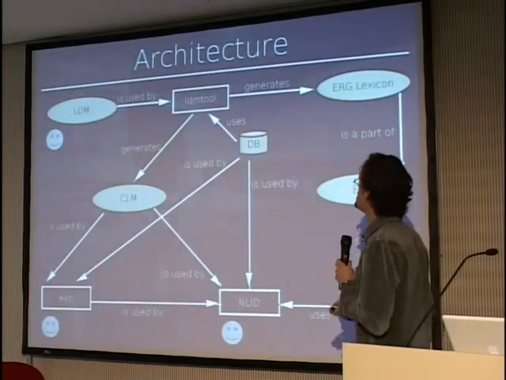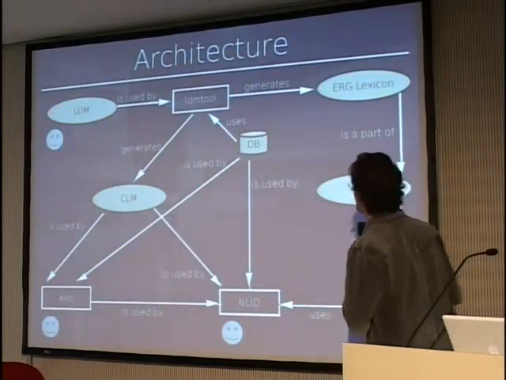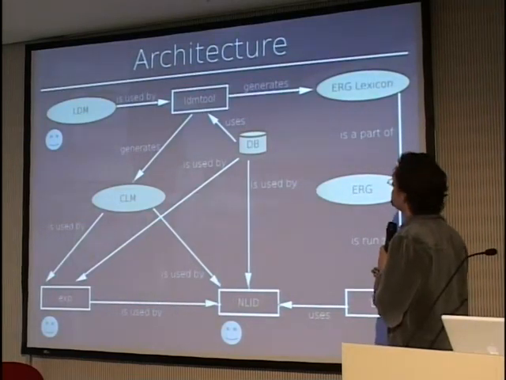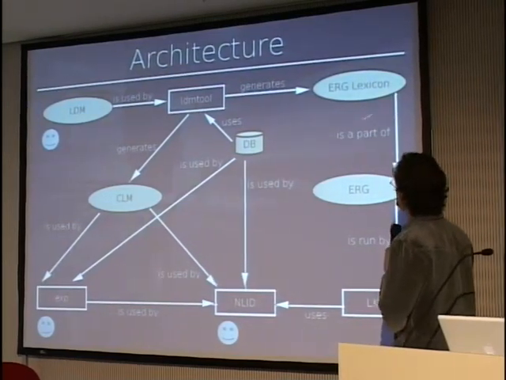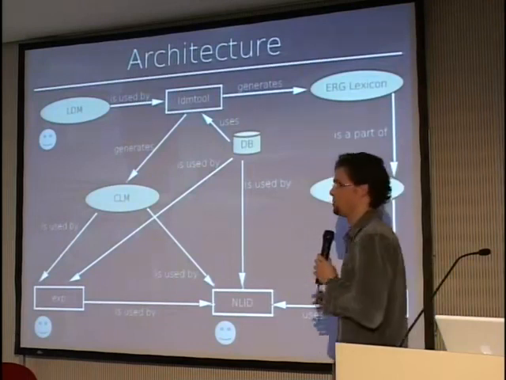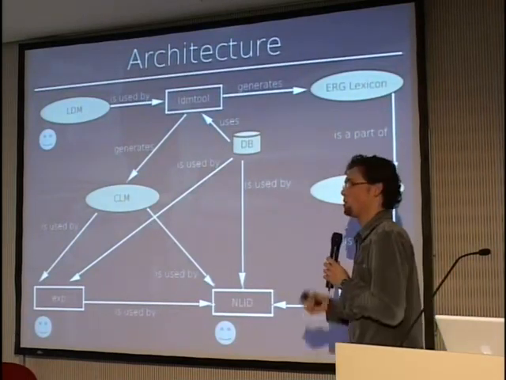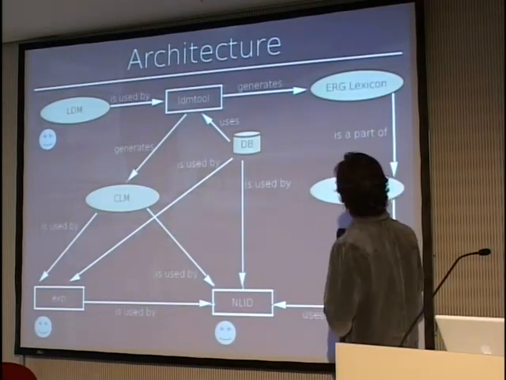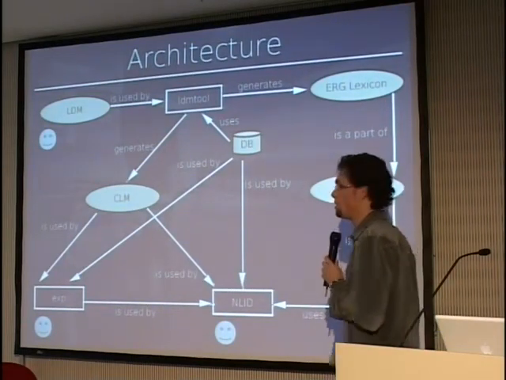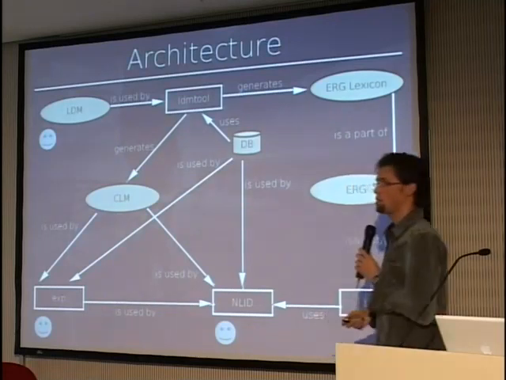You feed it into this LDM tool, which is a little Python script that I've written, and that LDM tool will generate a lexicon. Remember, we had the problem of San Francisco appearing in the database. At this point, San Francisco gets translated into a lexical item, and that lexicon plugs into a grammar. That grammar is the English Resource Grammar.